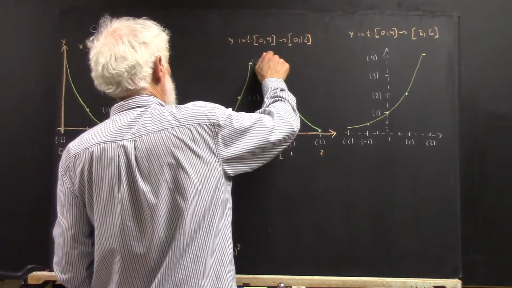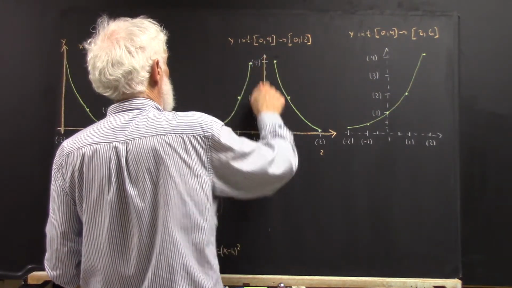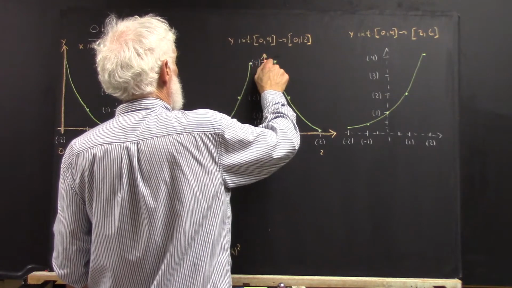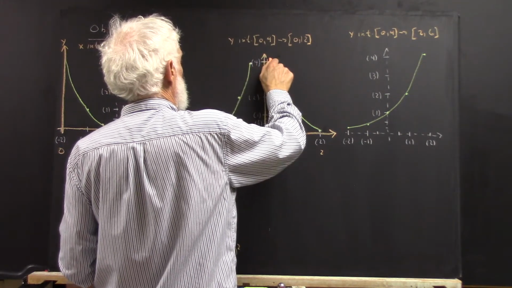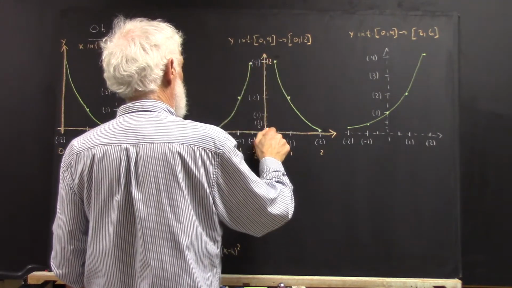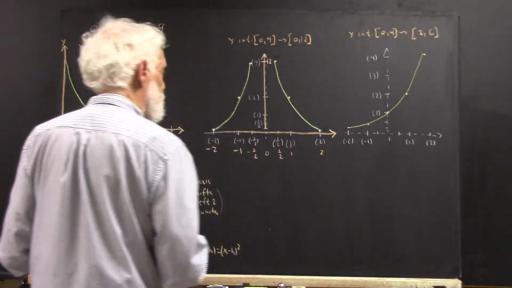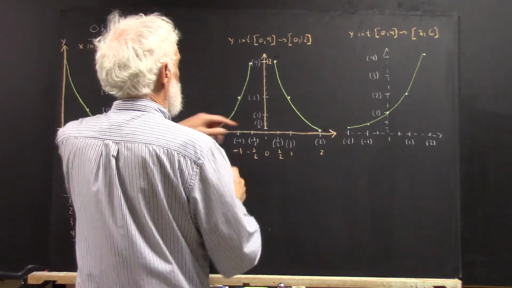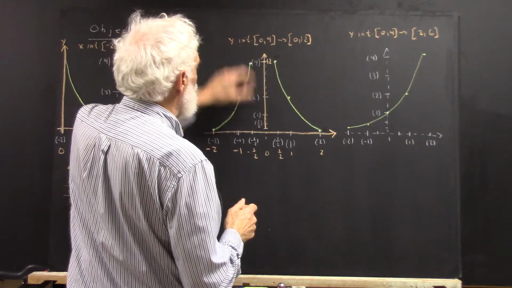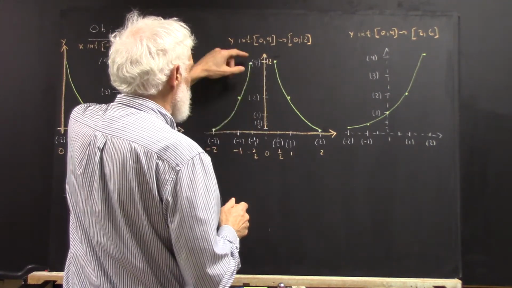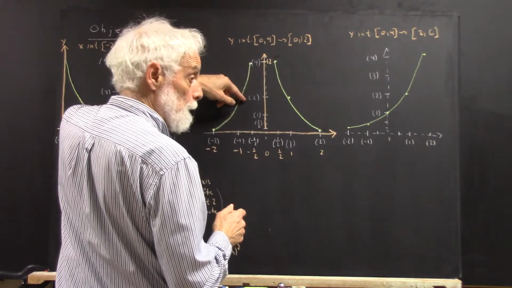Okay, this axis changes. So this becomes 12, and of course this is 0 down here. Well, if we go from 0 to 12, halfway on the interval from 0 to 4 would have been 2.